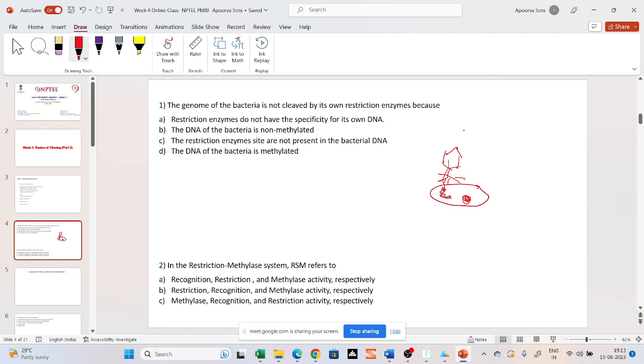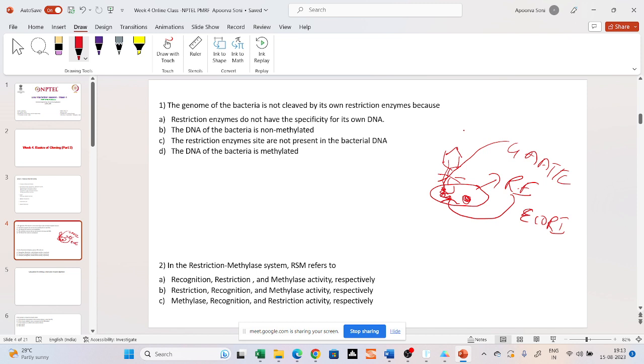Now this bacterium is also very clever. Bacteria have restriction enzymes. Suppose the bacterium released a restriction enzyme, EcoR1. Wherever there is this site in the foreign DNA, EcoR1 will cleave it. So the foreign DNA is getting cleaved because of the restriction enzymes produced by the bacterium, and it will not infect the bacterium.